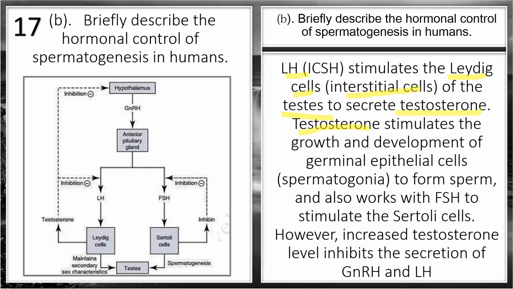Testosterone stimulates the growth and development of the germinal epithelial cells, those are the spermatogonia, to form the sperms, and also works with the follicle-stimulating hormone to stimulate the Sertoli cells. However, increased testosterone levels inhibit the secretion of gonadotrophin-releasing hormone and luteinizing hormone.